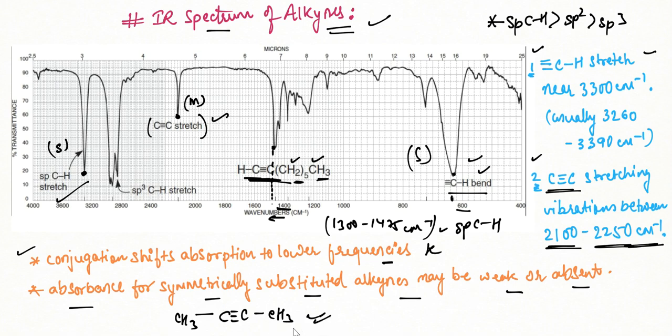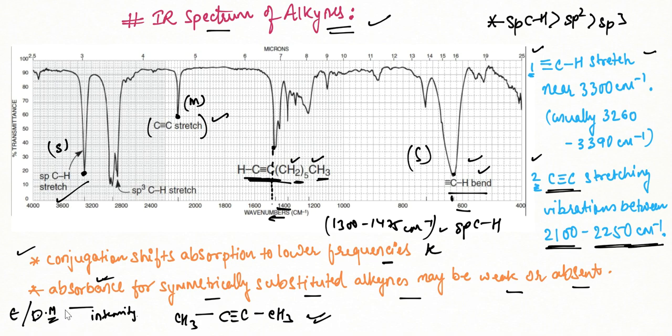The molecule is symmetric and there is a very low dipole moment, so definitely the absorbance, which is basically the intensity, is affected. These terms are very correlated, so I would suggest you remember this: absorbance, molar absorptivity coefficient, intensity, and dipole moment.